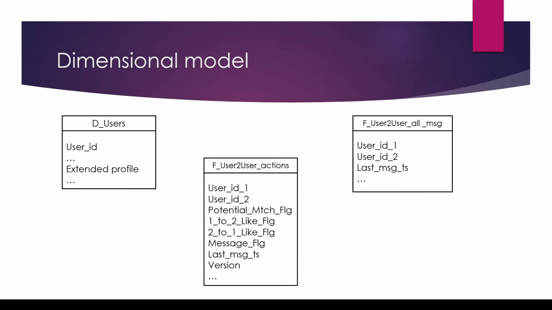So all those things would be stored in a user login actions fact table. So that could be another fact table as well, and that could help answer those questions.